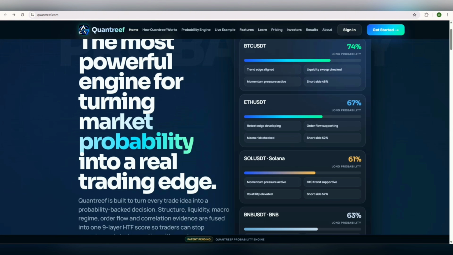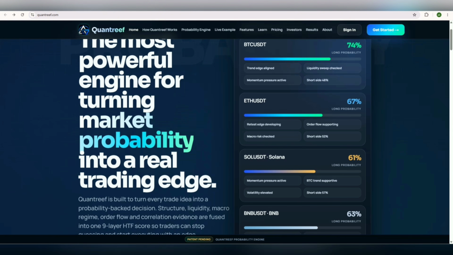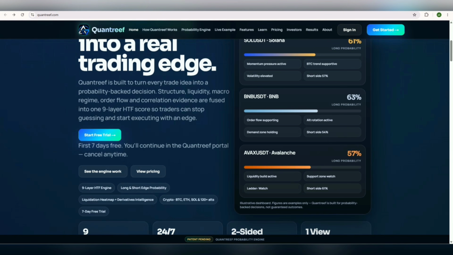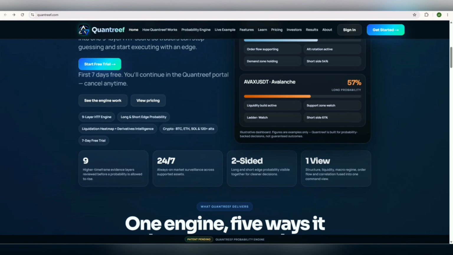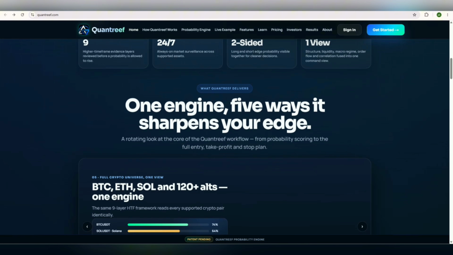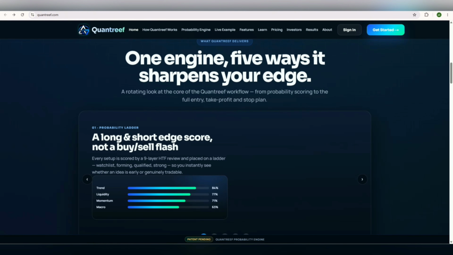That is possible now with Quantreef, and I am going to show you step by step how this works. We will also see the 9-layer HTF engine for long or short edge probability, and this one engine is also for your trading experience and will give you the best information that we need.